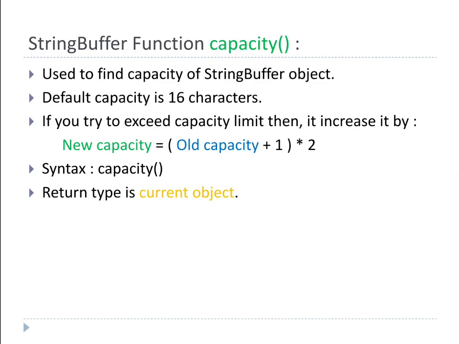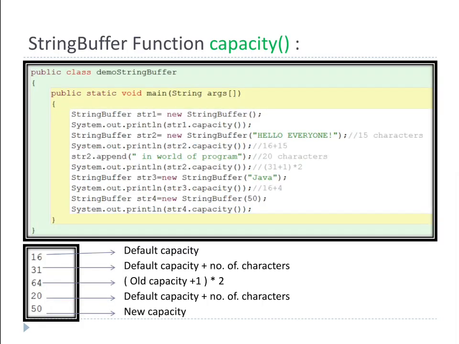The return type is the current object. You are going to know capacity with this function. Concentrate on this because I have provided a variety of examples for capacity so that you can understand. Firstly, I'm talking about default capacity.